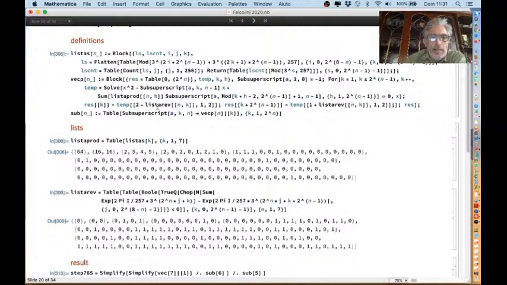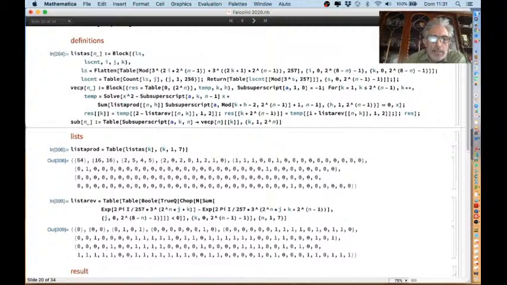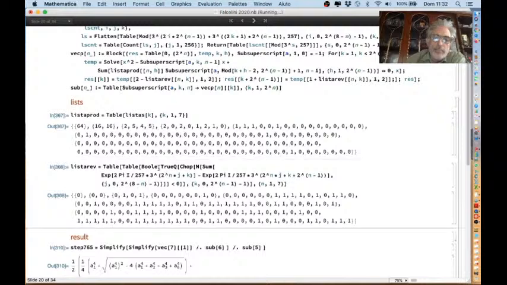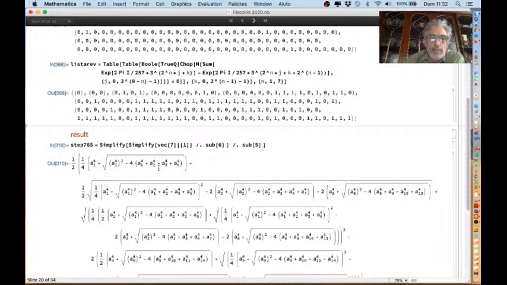If we do the same as before, we have to change the lists, and you see that the lists are a little bit longer. With these two lists, we can get the result with a few seconds of CPU time.